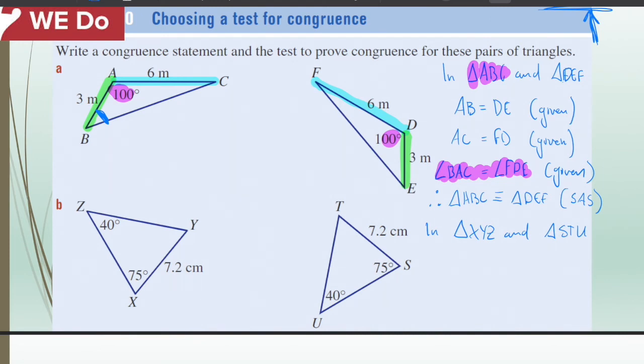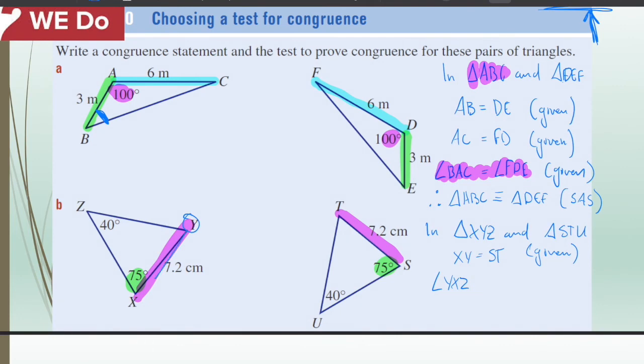What do we have equal? Well, let's start with this side, XY and ST. XY is equal to ST at 7.2 centimeters. We've got a few angles this time. The angle here at the end of our side, angle YXZ.